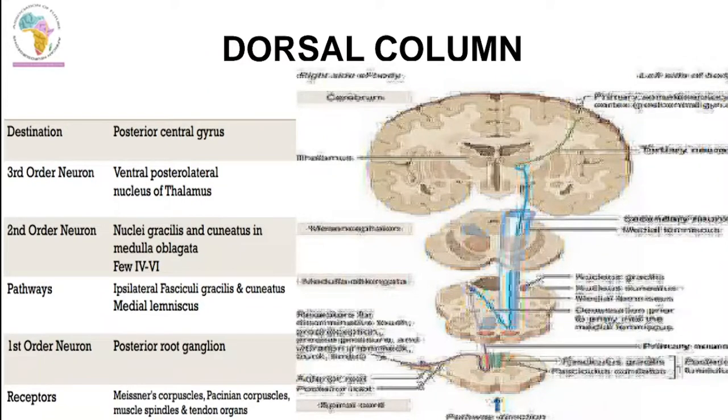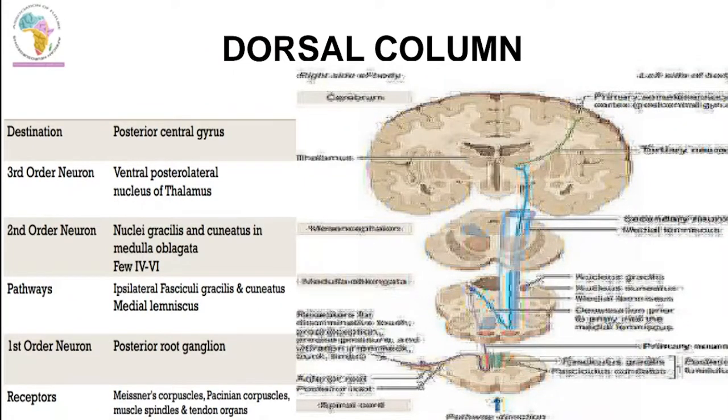So then, as it courses above the midbrain, as it forms the medial lemniscus, it tends to terminate in the thalamus at the ventral posterior nucleus of the thalamus, then further gives off the third order of neurons to the post-central gyrus, or the primary sensory cortex.